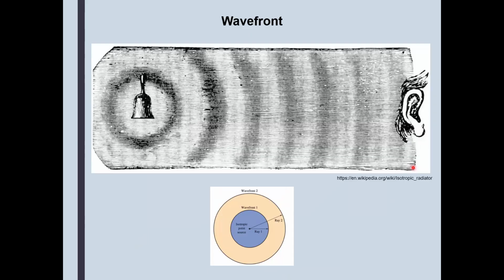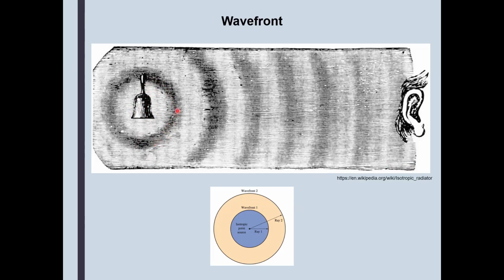Now, I've thrown in today one more slide in this presentation. Wave front. Here is the source of the wave, and this, of course, is an old-fashioned school bell. This handheld device makes a sound, and it makes waves.